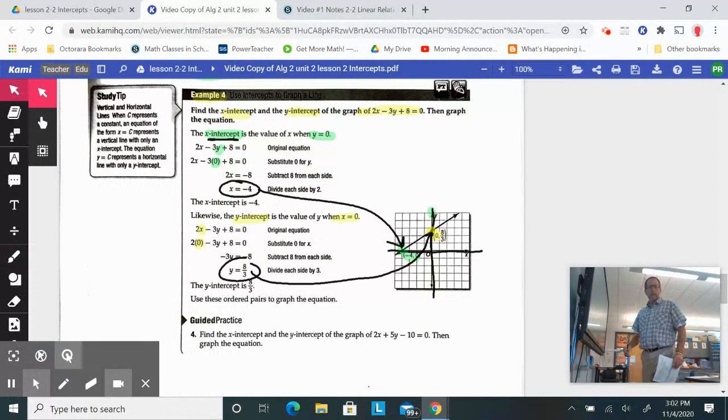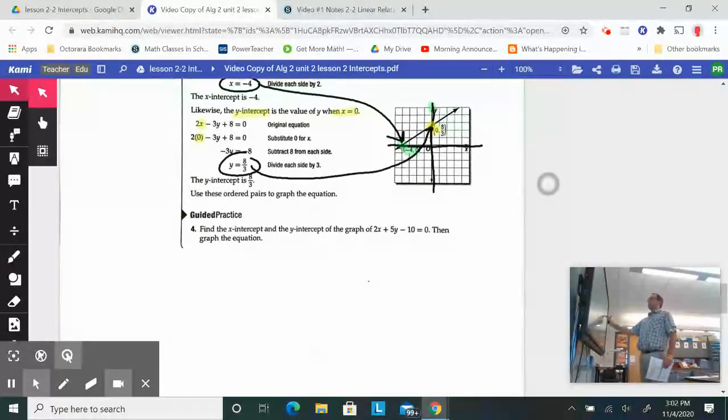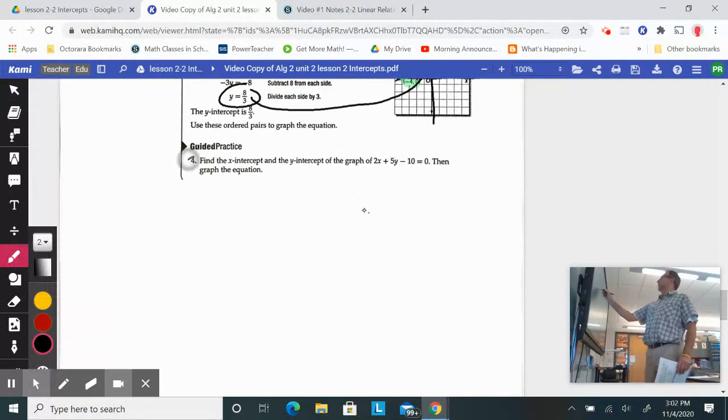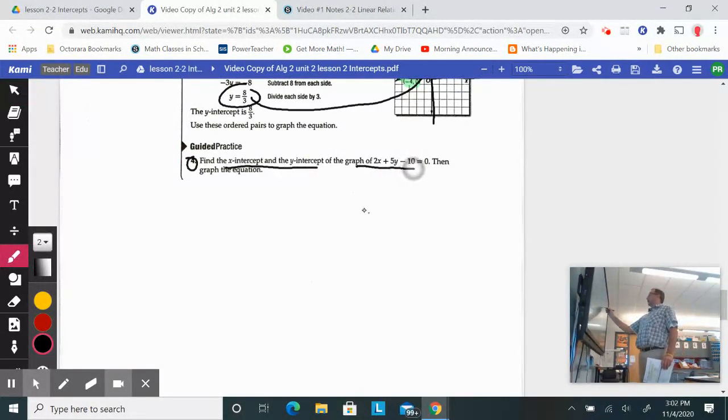All right, so let's take a look at this guided practice number 4, where it says, find the x and y intercept of the graph 2x plus 5y minus 10 equals 0. I am going to use a t-chart, and I'm going to put my x here and my y here.